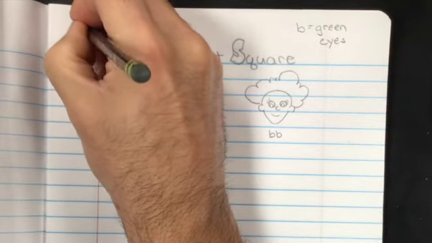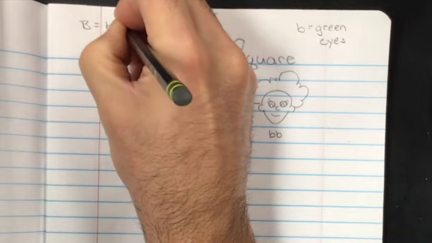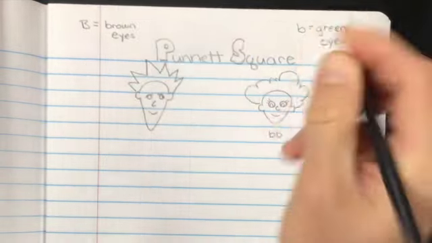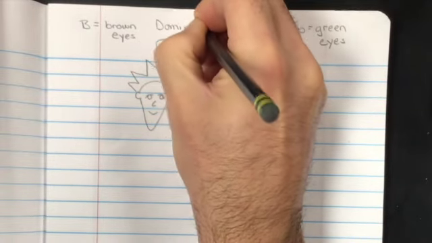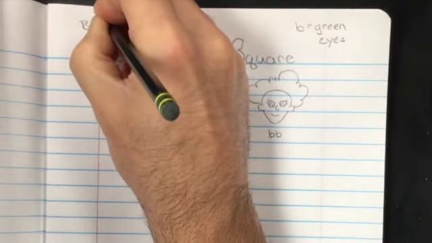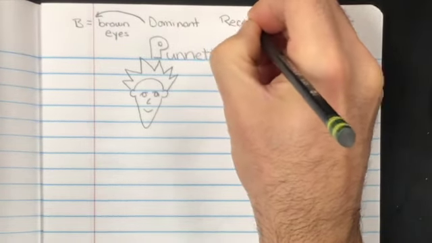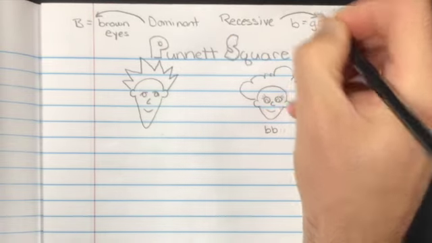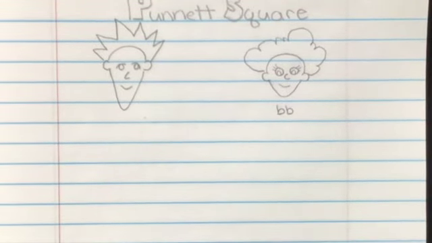And an uppercase B is the dominant for brown eyes. And this is going to be the dominant gene, and this is going to be the recessive gene. Hope you can see that.